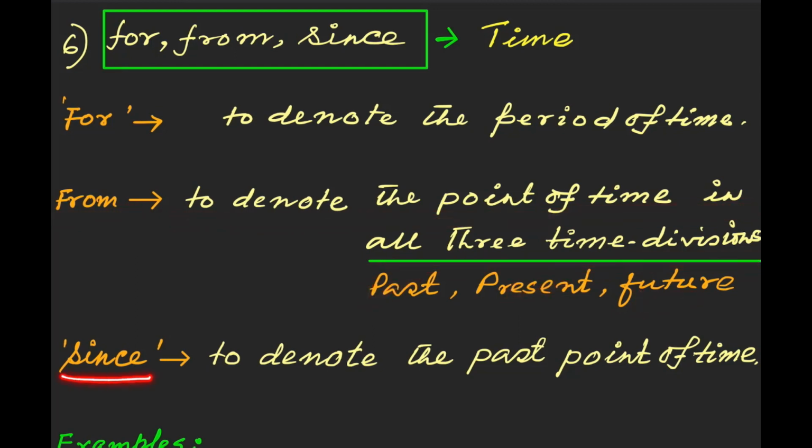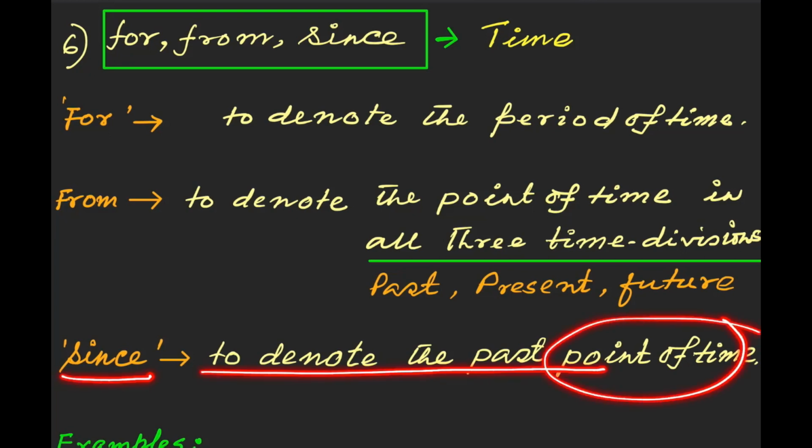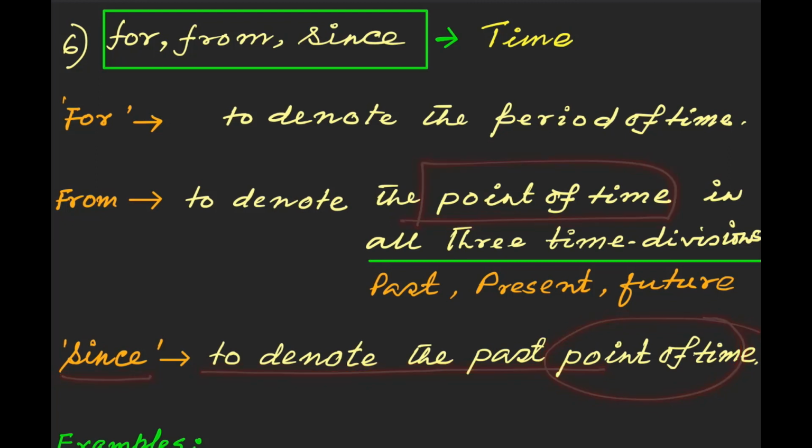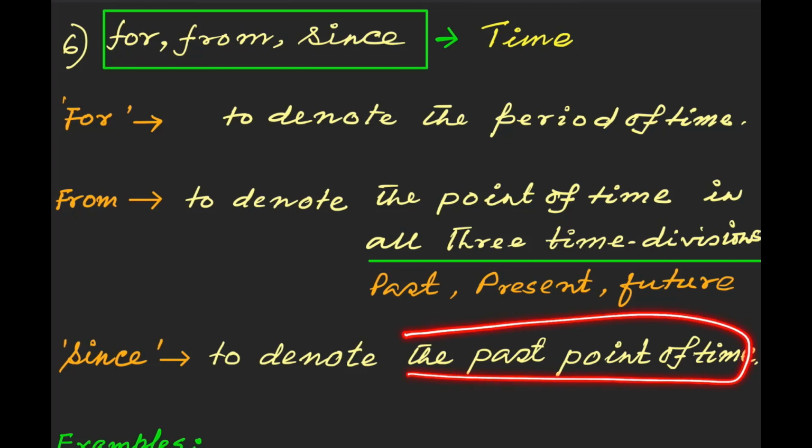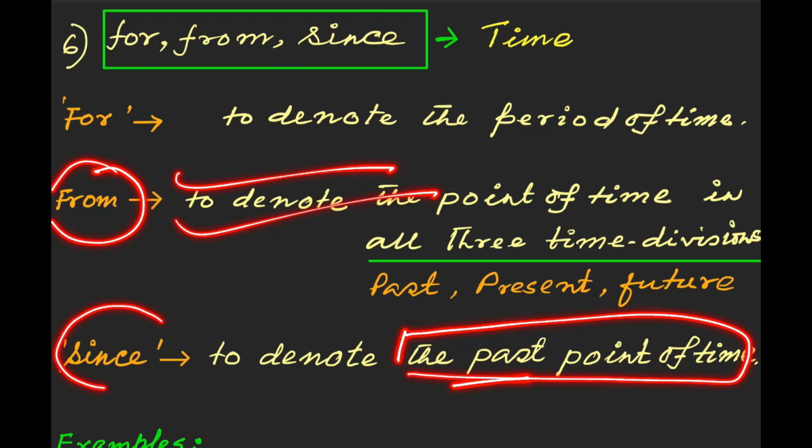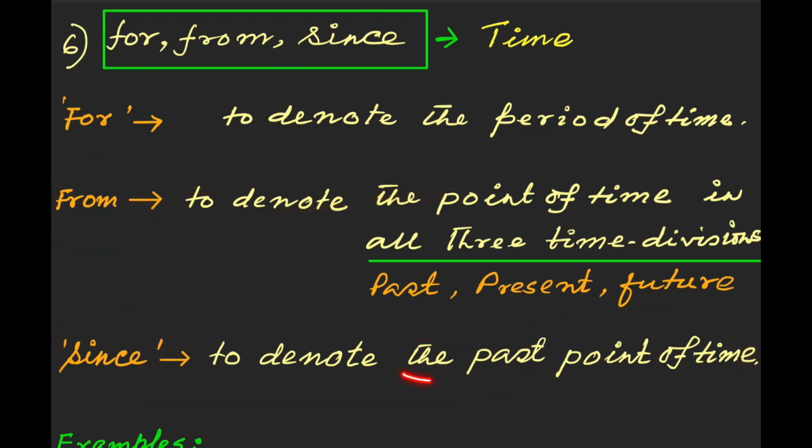And since is used to denote the past point of time. So from is used in all times, in all tenses, but since is used before the past point of time. Remember this.